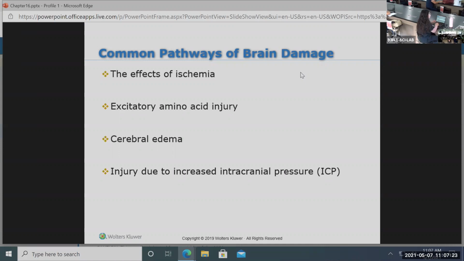All these ventricles are the sites where my CSF is produced. CSF, cerebrospinal fluid, is formed by filtration of the blood plasma. CSF is nothing special.